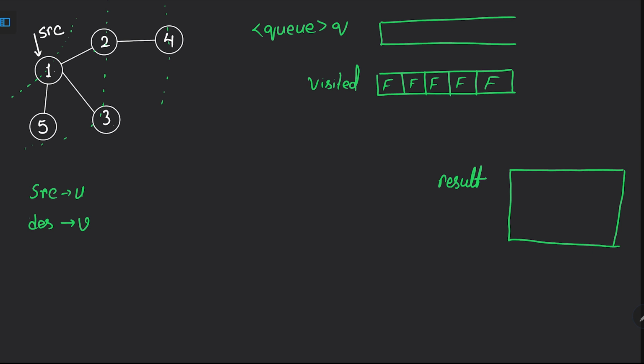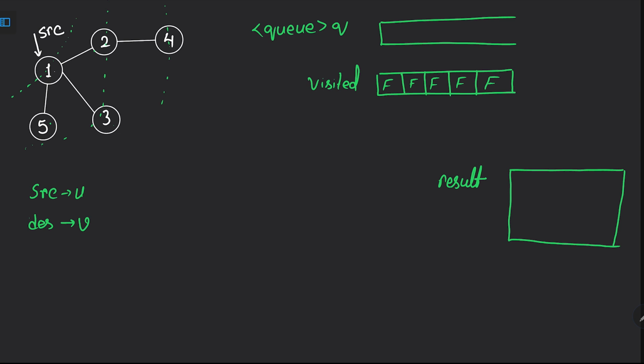Now we will check, is there another vertex which is not visited regarding to 1, so we will visit 5. Then after that we will see the next neighbor regarding to 1, which is 4. So then we will check, is this visited? No, then we will visit this.